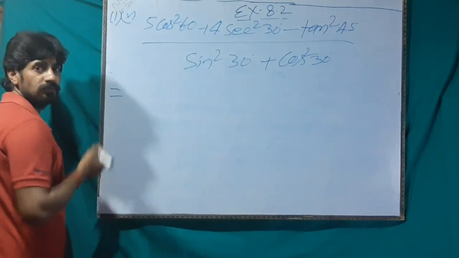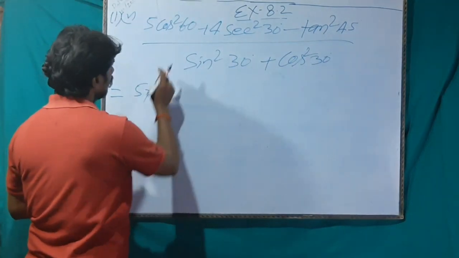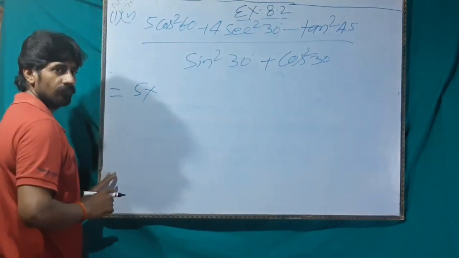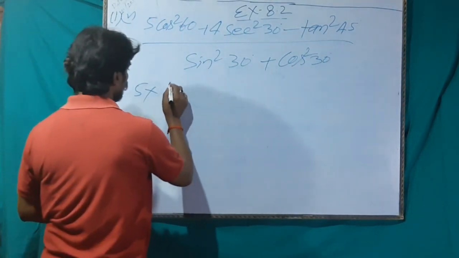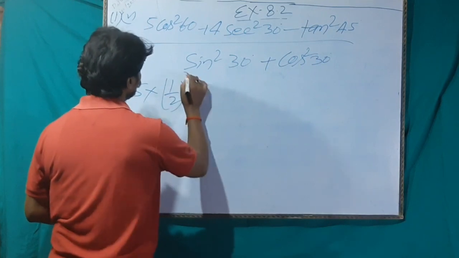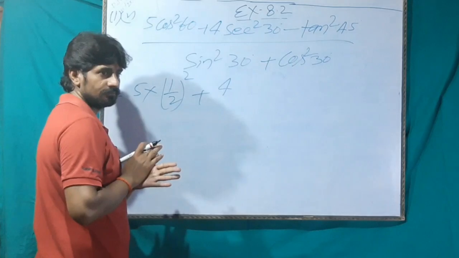Now we will put the value of these angles. 5 into cos 60 means 1 by 2, 1 by 2 to the power 2, plus 4 sec 30.